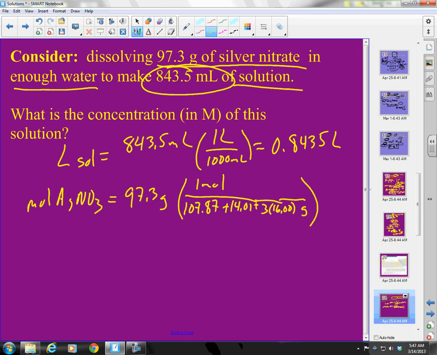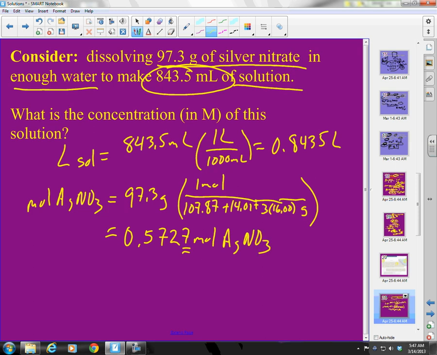Let's do some calculating. 107.87 plus 14.01 plus 3 times 16, which is 48, equals 169.88. Inverse times 97.3, and I get 0.5727 moles of silver nitrate.